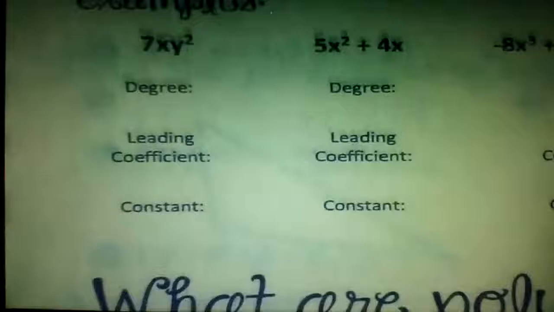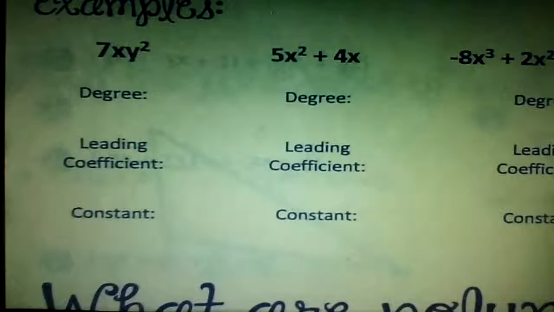Okay, let's look at these because I guarantee you some of you struggled with this first one. What is the degree on 7xy squared?